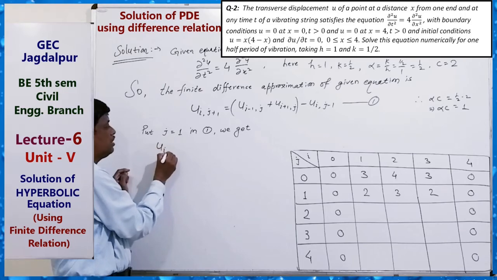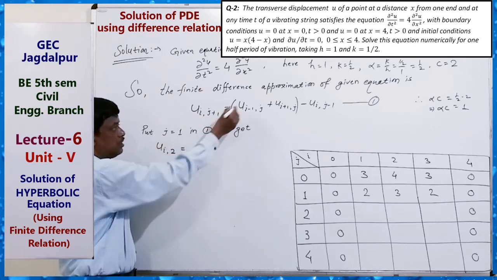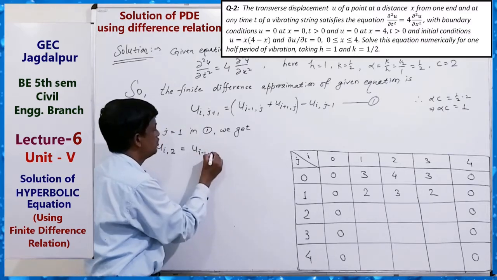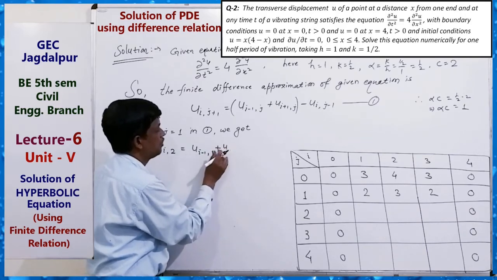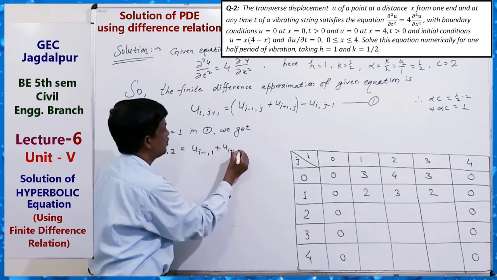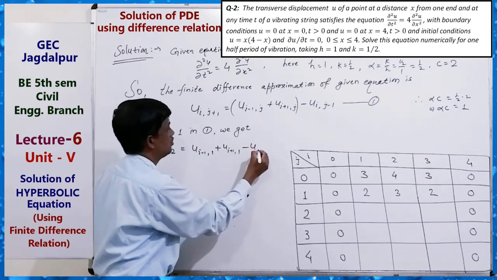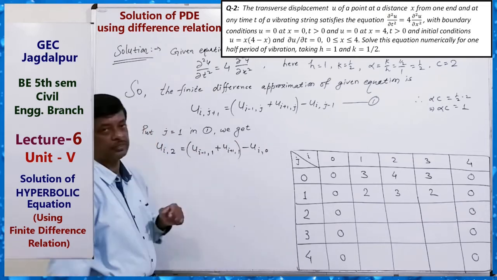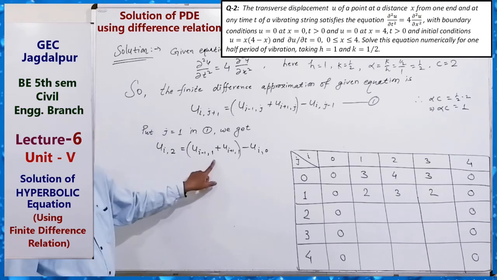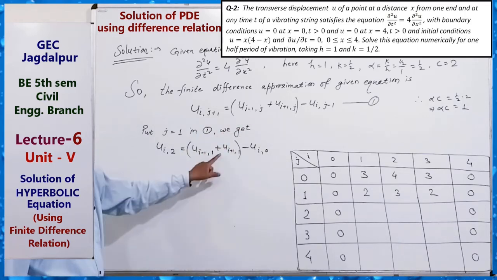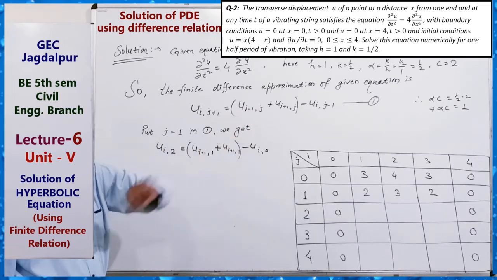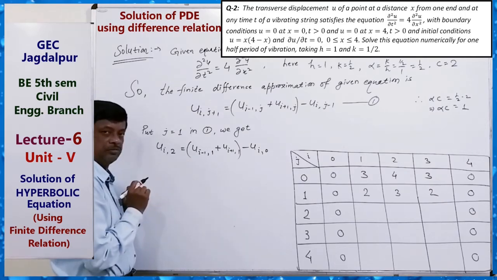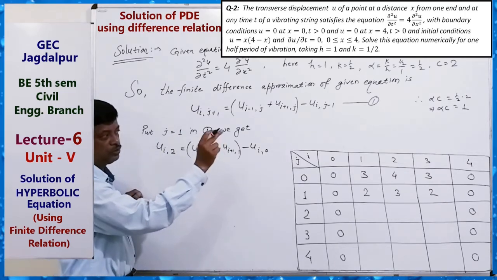So u(i,2) equals u(i-1,1) plus u(i+1,1) minus u(i,0). So u(i-1,1), u(i+1,1), this minus u(i,0). Clear? Now this is true for i equals 1, 2, 3.